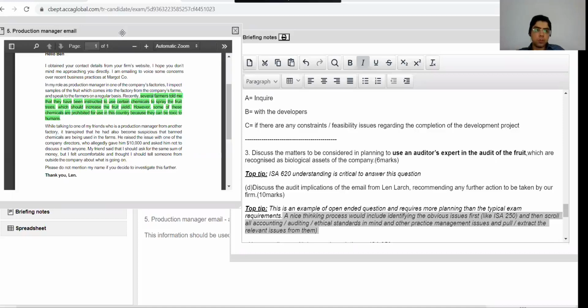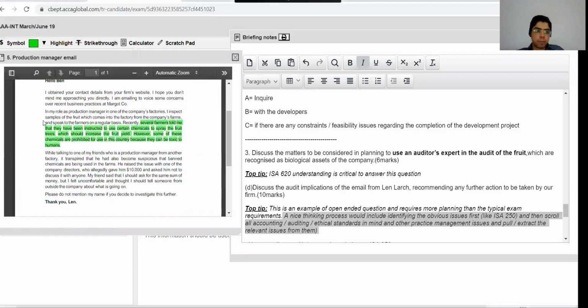Okay, let's move further with the scenario. While talking to one of my friends who is a production manager from another factory, it transpired that he had also become suspicious that banned chemicals are being used. So potentially, this issue is not just confined to one factory, but it is happening at a number of other factories too.